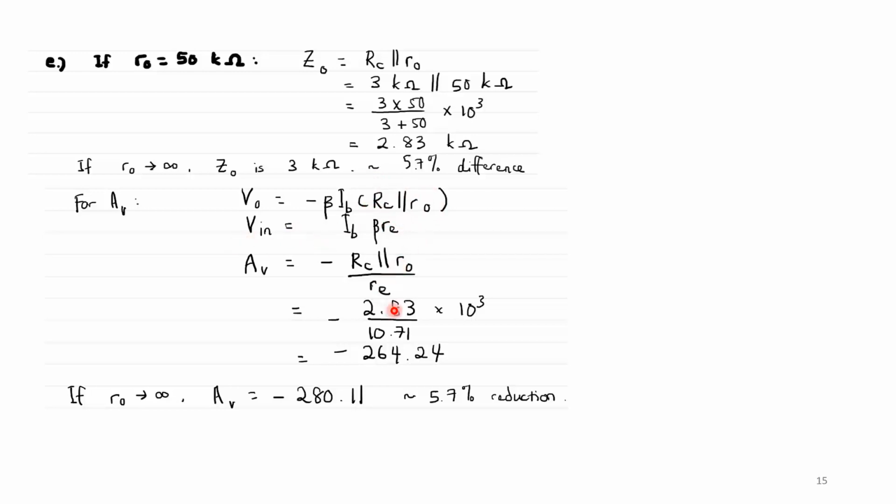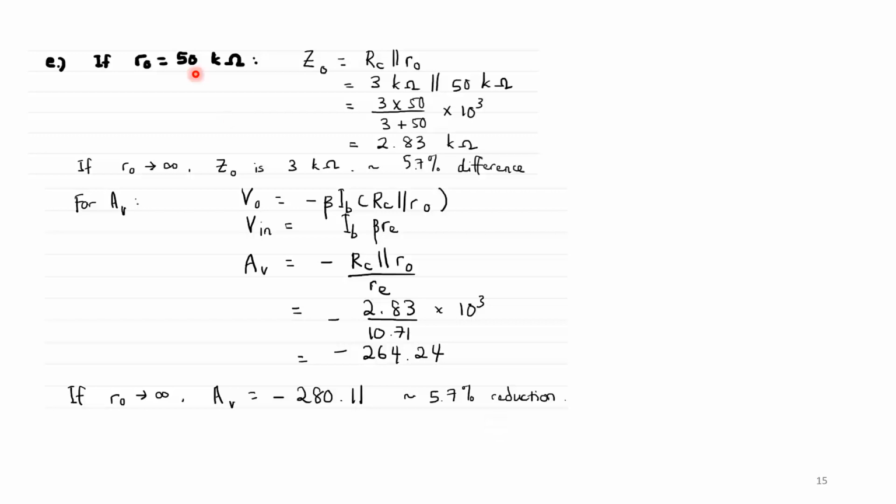The value of RC parallel with Rout that we found earlier is 2.83 kilo ohms, divided by 10.71, the value of small signal model parameter RE, and I get 264.24, compared to what it was if Rout were infinity, where AV would be negative 280. Again there is about 5 to 6% reduction there.